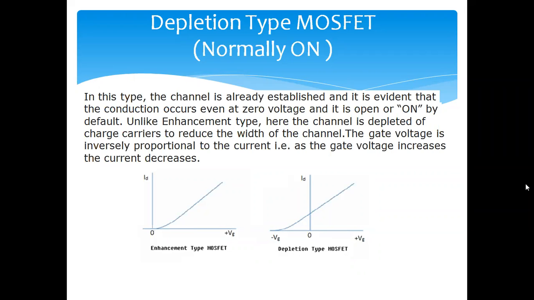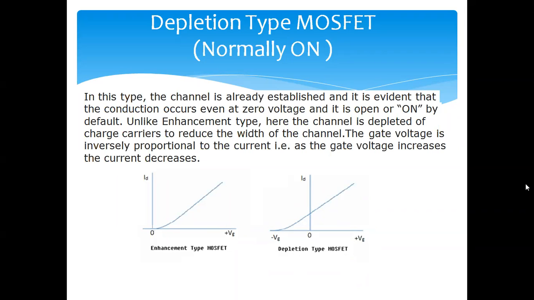Unlike depletion type, the enhancement type is a normally off MOSFET. That means when there is no voltage, there is no current. In depletion type at zero voltage, you can see a small amount of current, called quiescent current, flowing through the MOSFET, and that's why it is normally on. Here the channel is depleted of charge carriers to reduce the width of the channel.